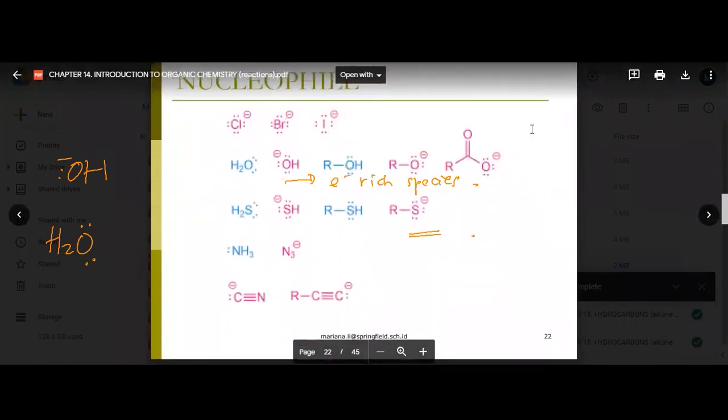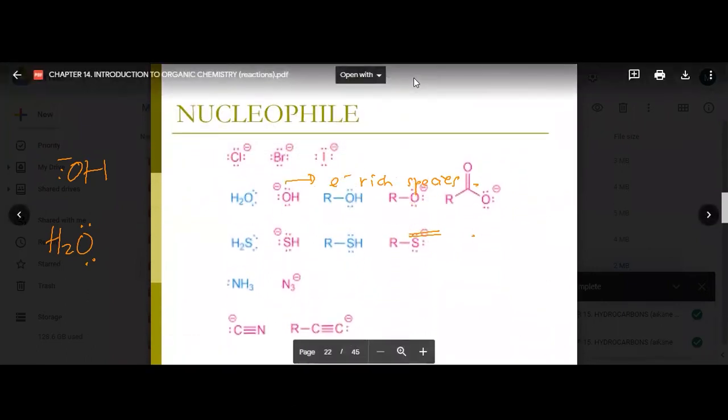The examples of nucleophiles are like this. You can see that all of them have lone pairs of electrons that can be donated. So the difference between electrophile and nucleophile is clear, right? An electrophile seeks electrons, while a nucleophile donates electrons. An electrophile has a positive charge, a nucleophile has a negative charge.